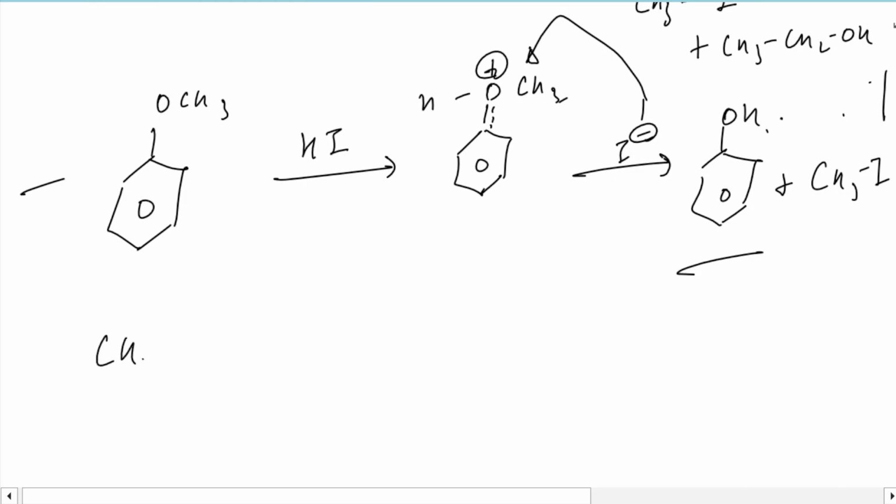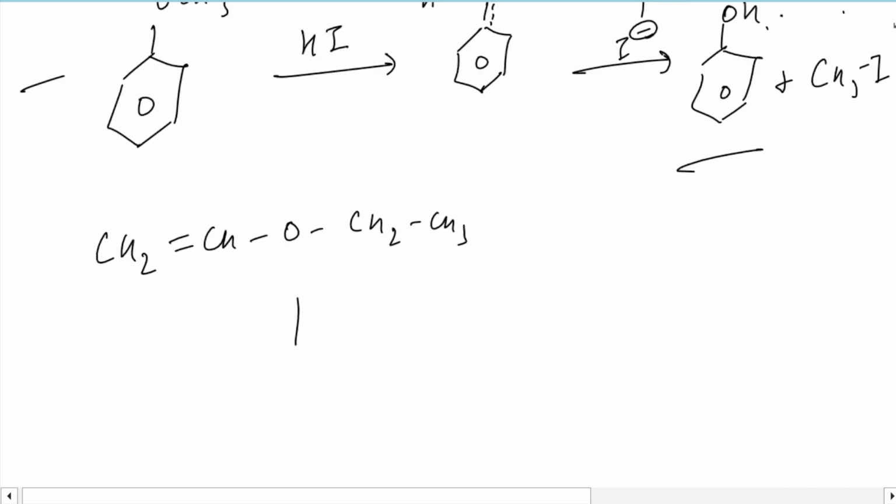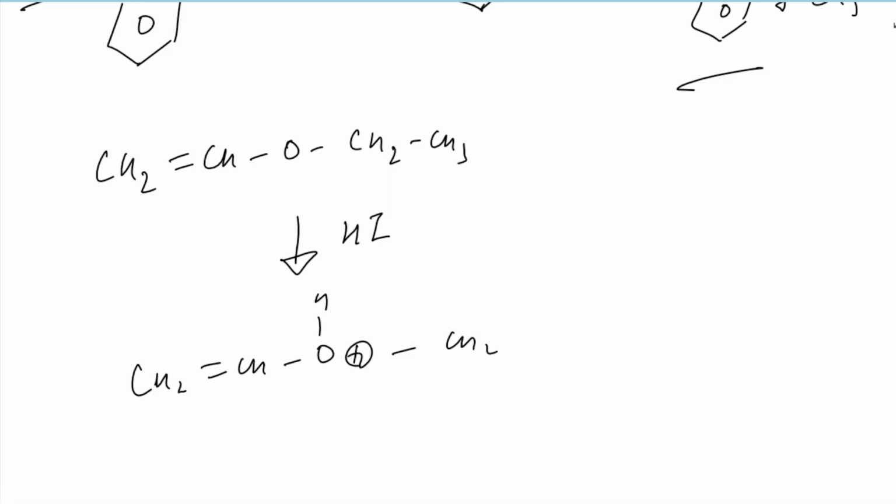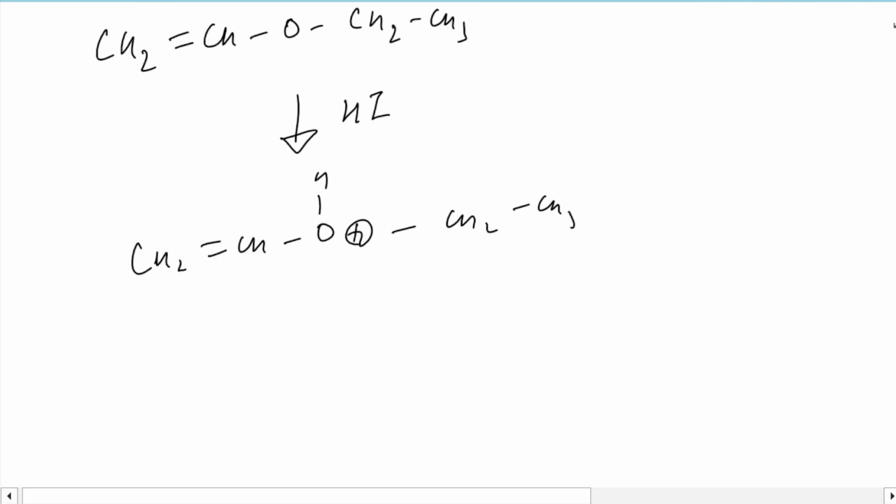Suppose it's CH2=CH-O-CH2CH3. Again, the same reaction with HI. We will form an oxonium ion like CH2=CH-OH+-CH2CH3, and then there is attack of I negative.